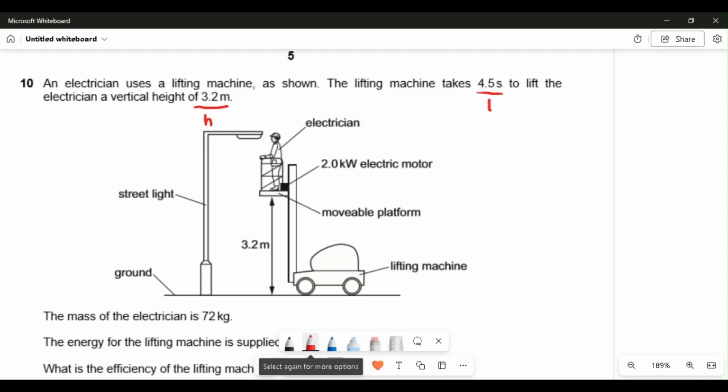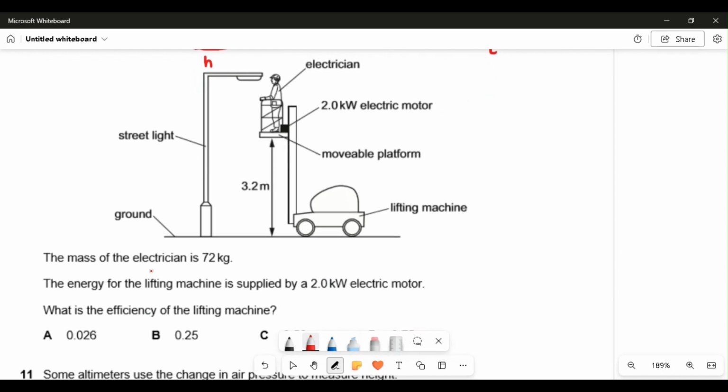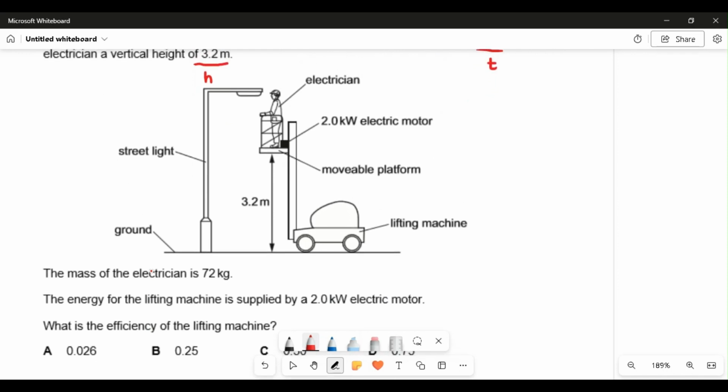Let me mention time as t and height as h. The mass of the electrician is 72 kilogram. Let me mention it as m. The energy supplied for the lifting machine is 2 kilowatt. This is, you can say, power input.